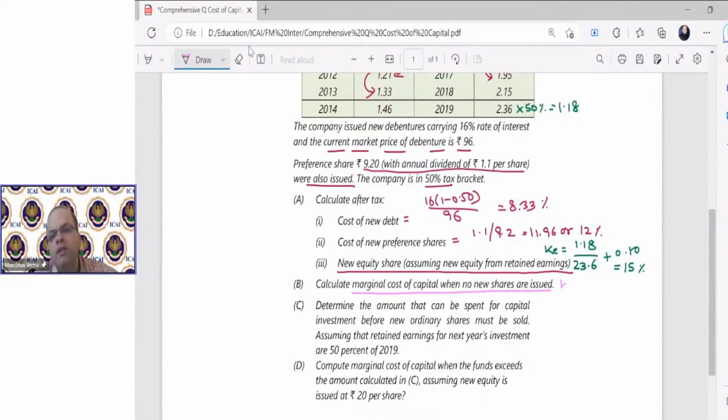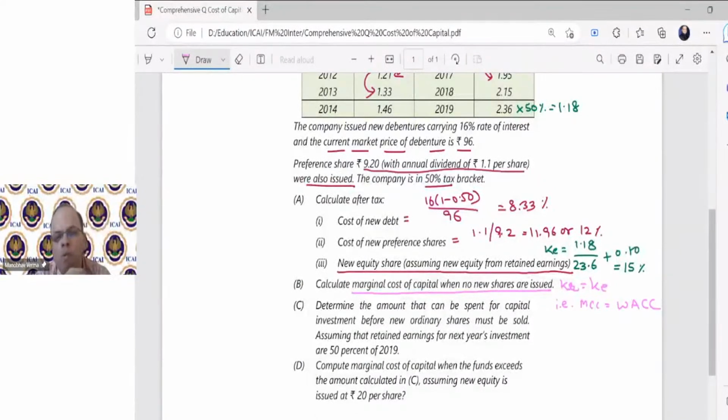That means, in this case, KR is equal to KE, and hence no new shares are issued. That means there is no marginal cost of capital. Can we say for point number B that the marginal cost of capital would equal the WACC because no new shares are issued?